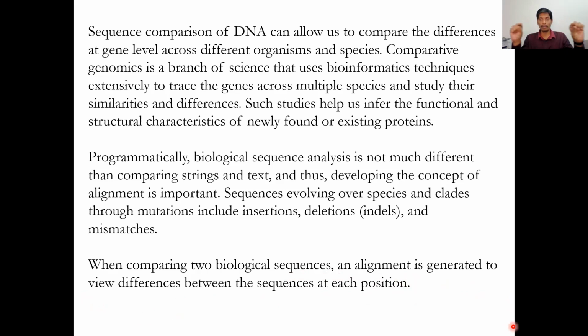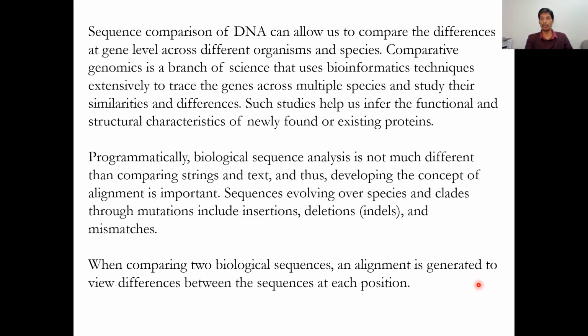You put the pangolin one and the human one one after the other, and see each nucleotide and compare. Thus you will understand how much similarity is present, how many differences are present, and what kind of differences. Is it deletion mutations, insertion mutations or mismatches? That is the pairwise alignment.